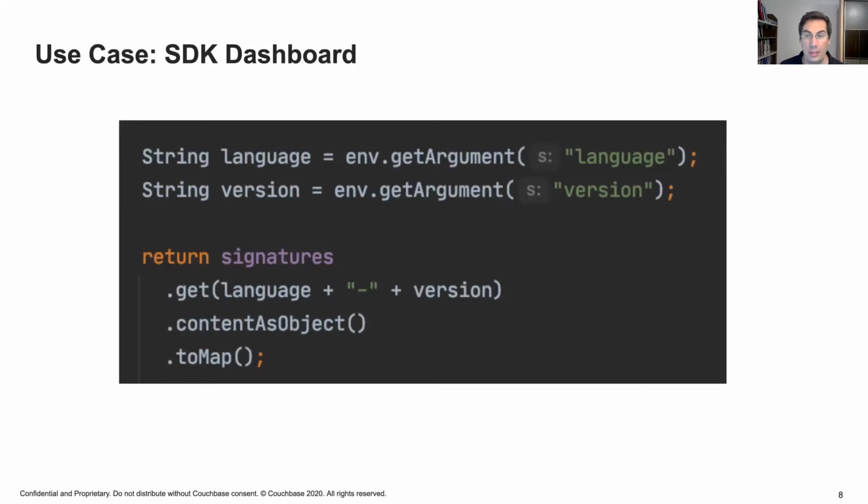Now, the reason I'm highlighting this is that if you're coming from a SQL background, you wouldn't necessarily go for a KV call to fetch the document in this case, but rather you would say, select stuff from signatures where language equals Java and version equals 3.5, right?